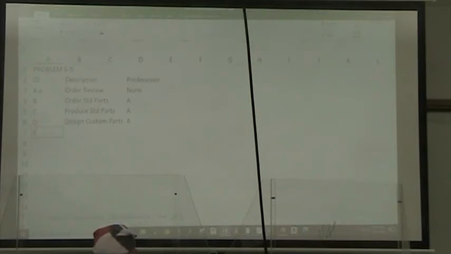E, software development, has the predecessor of A. F is manufacture custom parts, and I'm going to abbreviate that because it is ridiculously long.